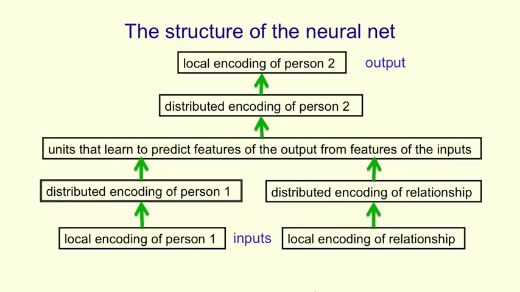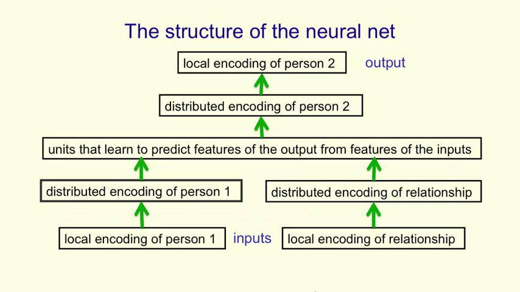There are 24 possible people, so the block at the bottom of the diagram that says local encoding of person 1 has 24 neurons, and exactly one of those will be turned on for each training case. Similarly, there are 12 relationships, and exactly one of the relationship units will be turned on. And then for a relationship that has a unique answer, we would like one of the 24 output people at the top to turn on to represent the answer.